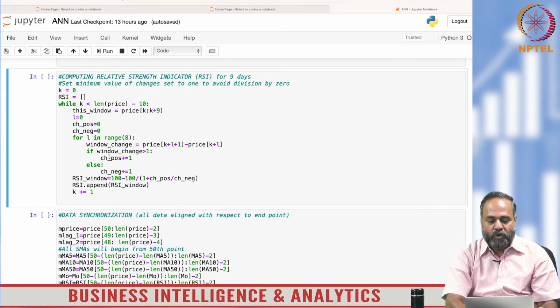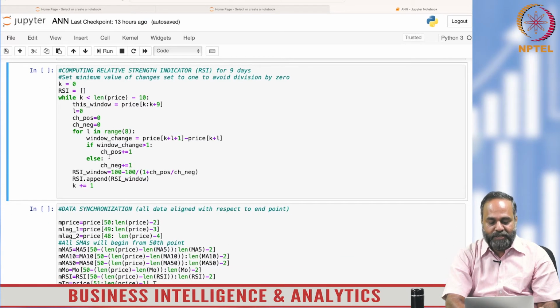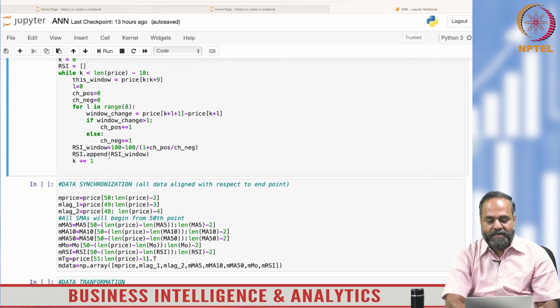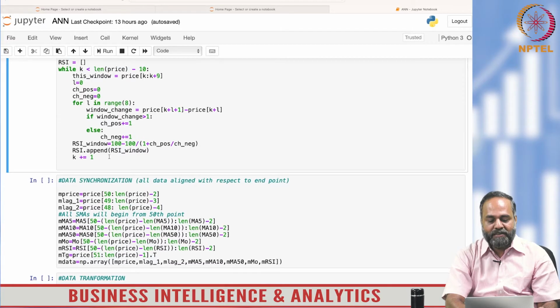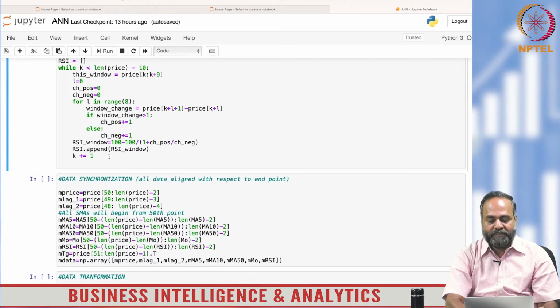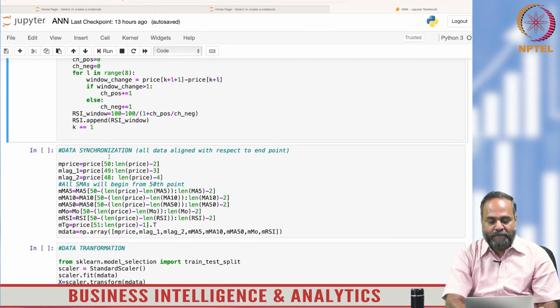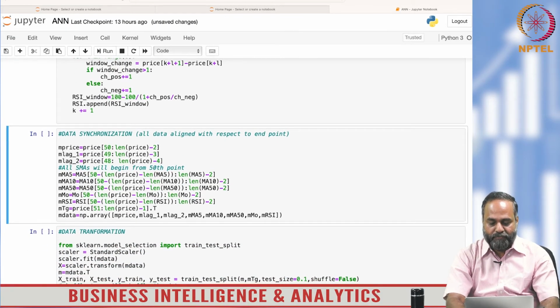So RSI is calculated here, and the variable RSI will have the complete data for the time series once it is calculated. That is done.